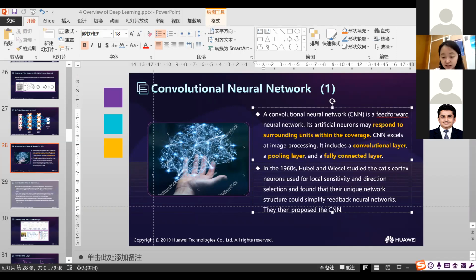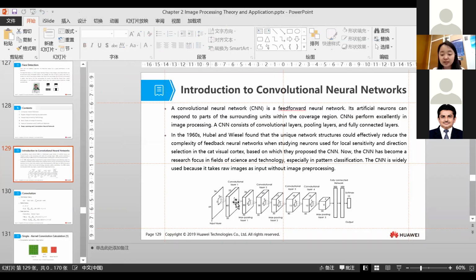Here is an example of a convolutional neural network, its architecture, and we will introduce it in detail.